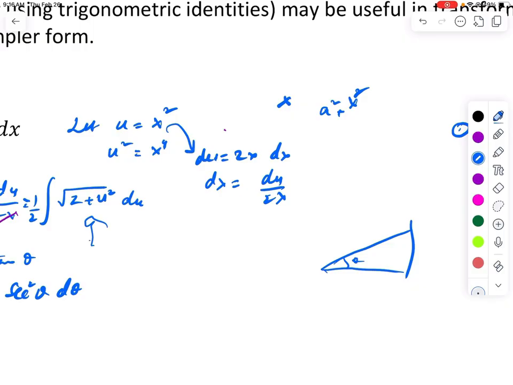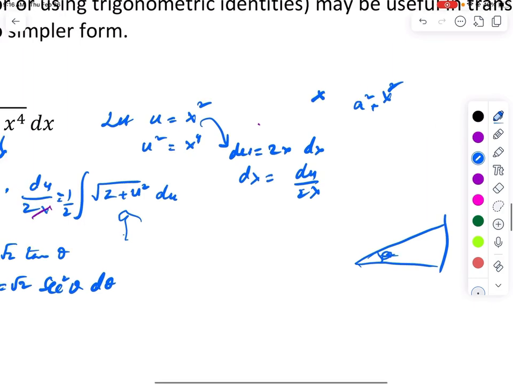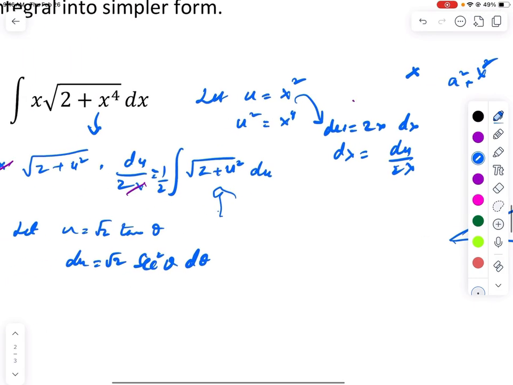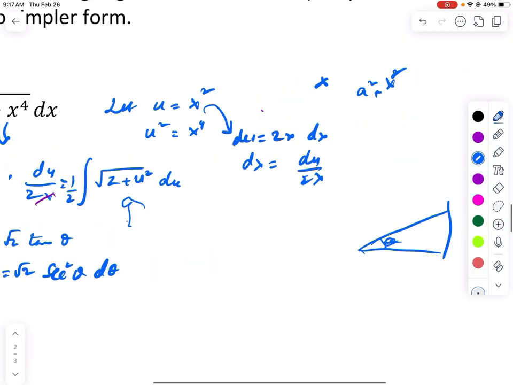Then tangent of theta is u over square root of 2, so u is on the opposite side because tangent is opposite over adjacent.